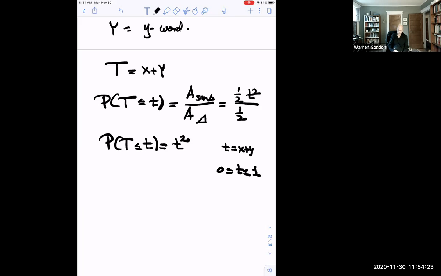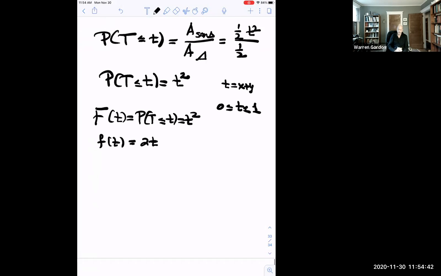So observe, by the way, that this happens to be the CDF of this random variable t. And if I wanted the PDF, it's just equal to 2t by differentiation. So suppose I ask, what is the expected sum of this random variable? Well, t goes from 0 to 1. It's t times f of t dt.